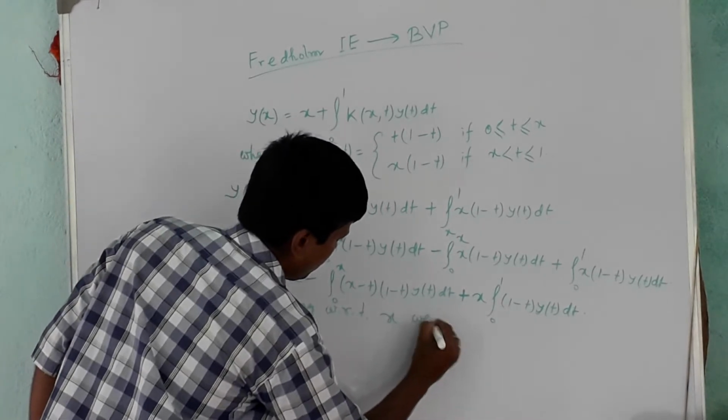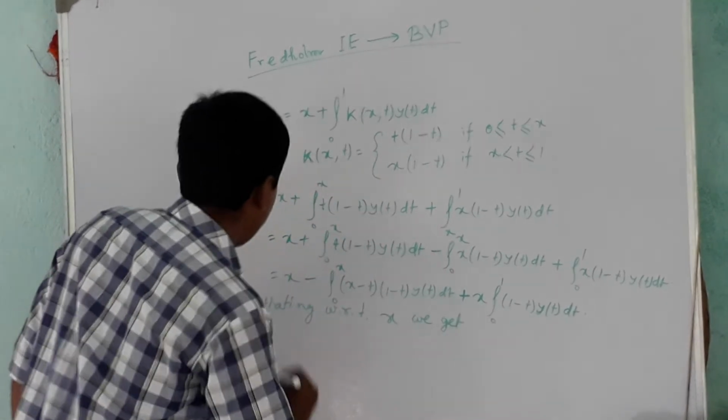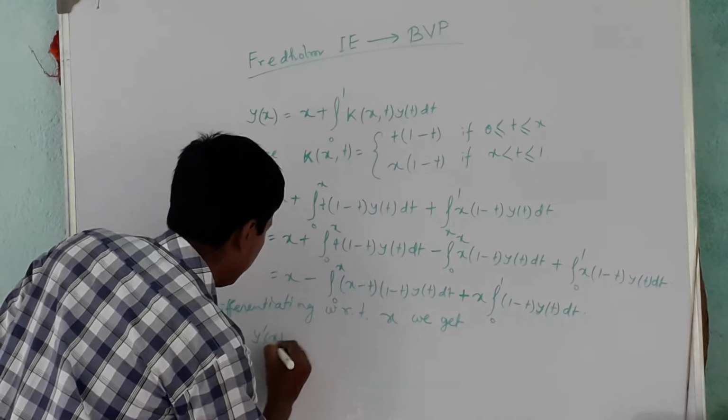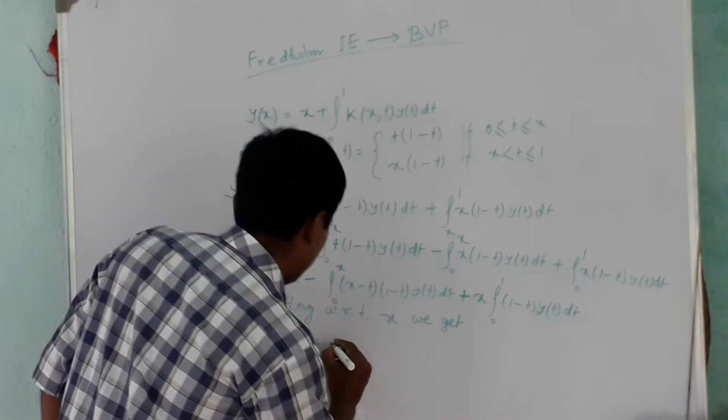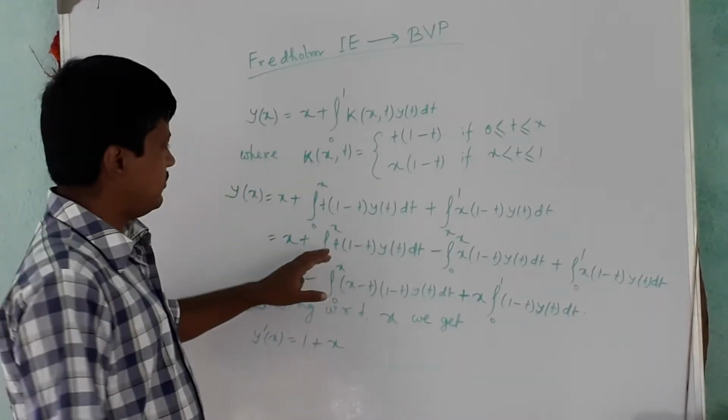Differentiating with respect to x, we get y'(x) is equal to 1 plus the derivative of this function.